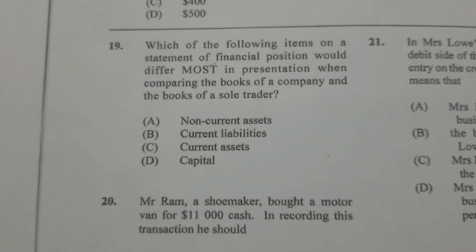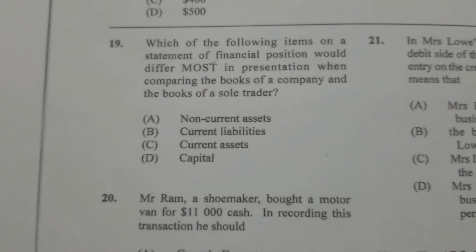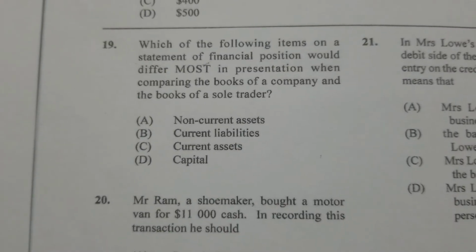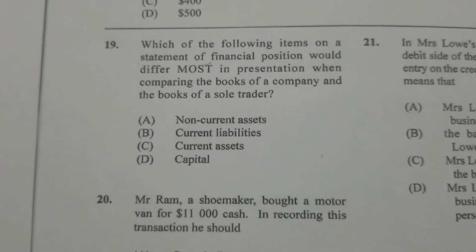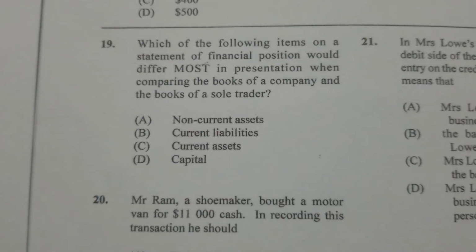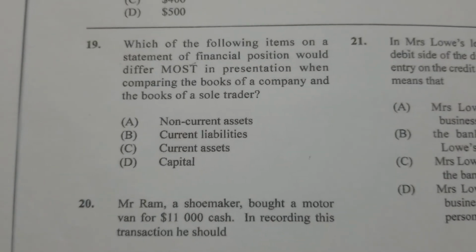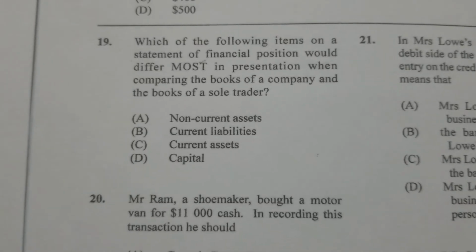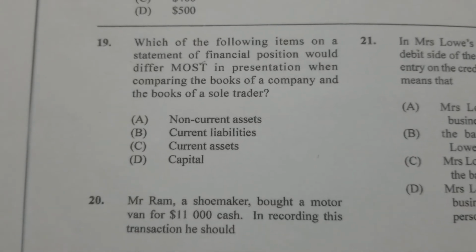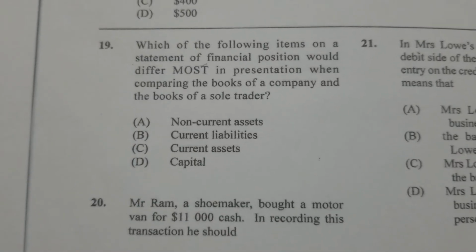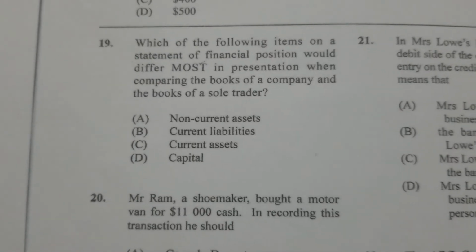Because in companies, capital is subdivided into various groups, for example, ordinary shares and preference shares, issued shares. So D would be the most appropriate answer. The balance sheet will carry the capital differently from the sole trader.